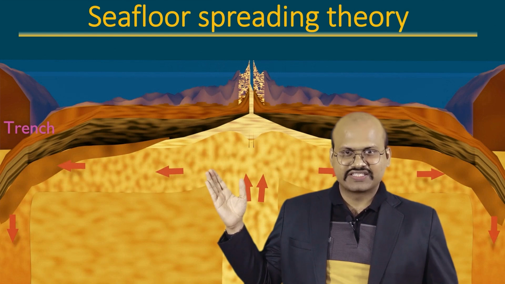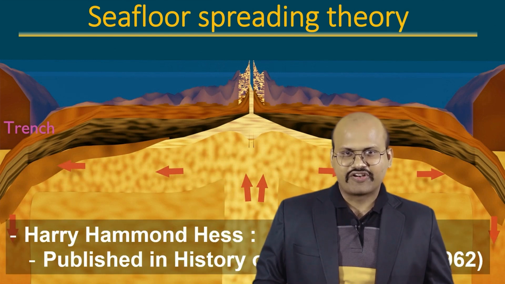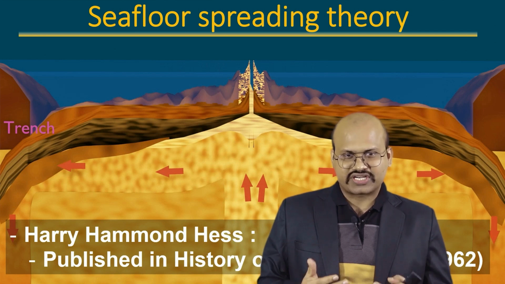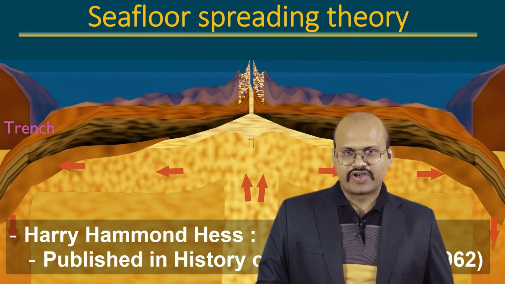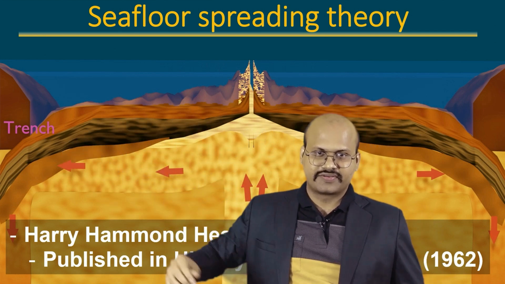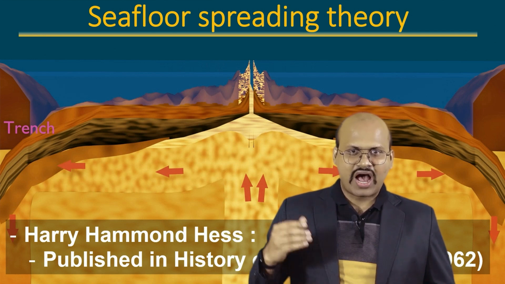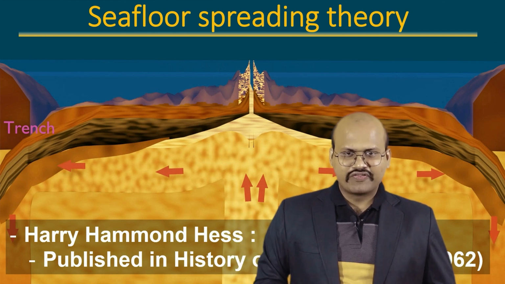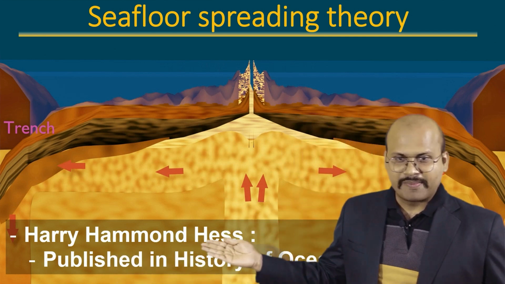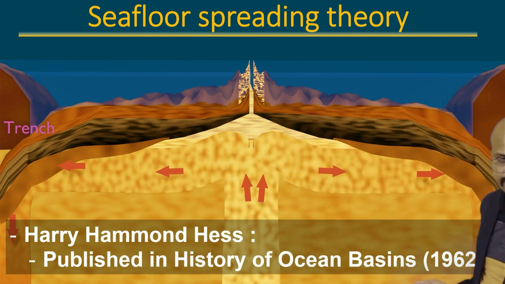In the figure, we can see a map of the ocean floor developed by Marie Tharp. Now, this kind of map led to a new structure of our oceanic floor, where we can see that there was a mid-oceanic ridge in the middle and trenches on the sides. Geologists started to give different theories about how these structures could be formed. And one such theory was given by Harry Hammond Hess in his book, History of Ocean Basins, in 1962.